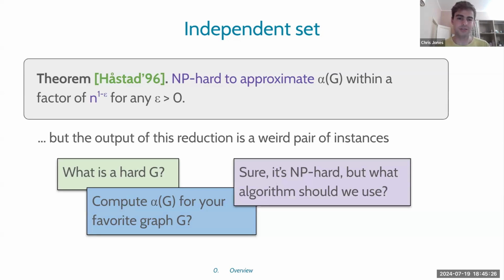Third question is, sure, this problem is NP-hard, but for computing alpha G for my favorite graph G, what algorithm should I use to do it? There must be some algorithm that will work for these instances that appear in, quote, real-world applications to theoretical computer science. So in this talk, I want to focus on these three questions and delve into them and see what kind of things we can learn.